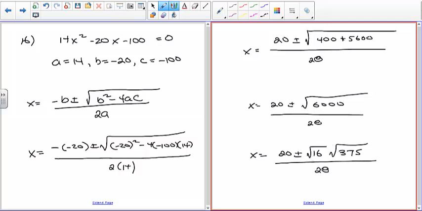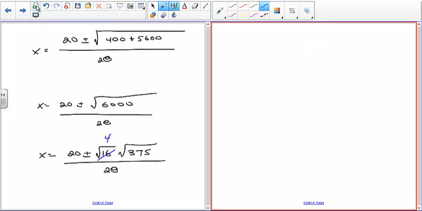So this is going to become 4. So we can divide them all by 4. So you'll get 20 divided by 4 is 5, 4 divided by 4 is 1, and 28 divided by 4 is 7.